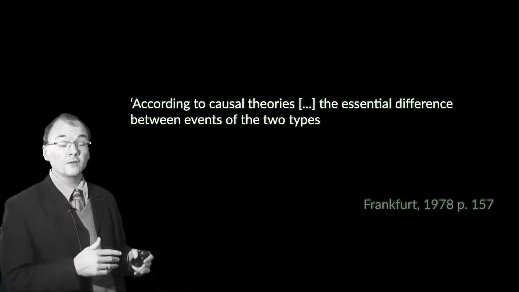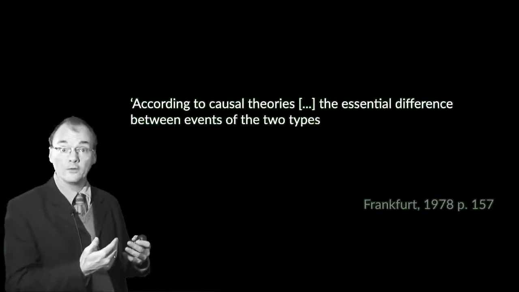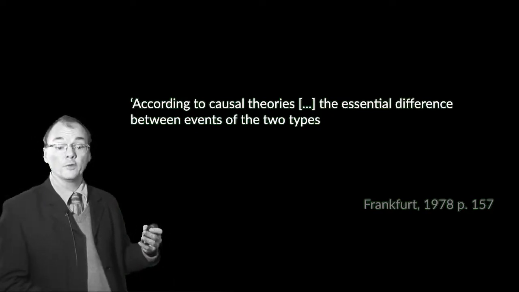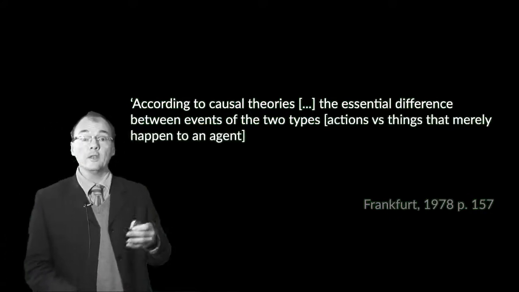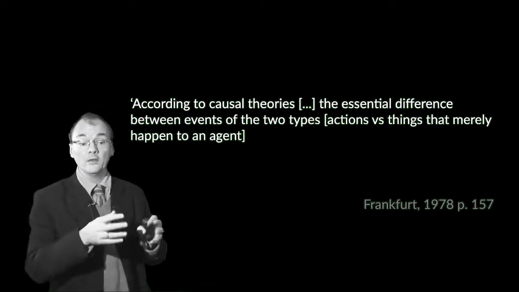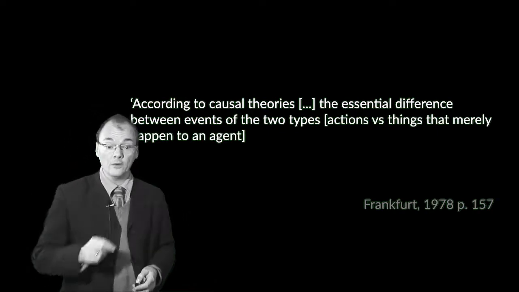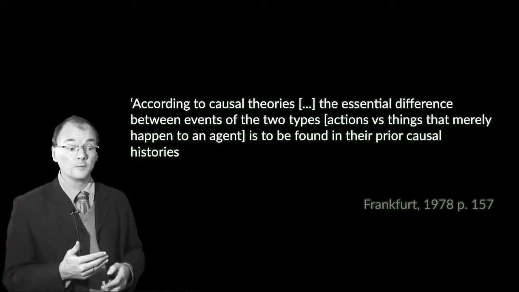So Frankfurt says this: according to causal theories, in my terms the standard story, the essential difference between events of the two types. Which two types? Oh, he means actions on the one hand, things that merely happen to you on the other. So the essential difference between those two is to be found in their prior causal histories.